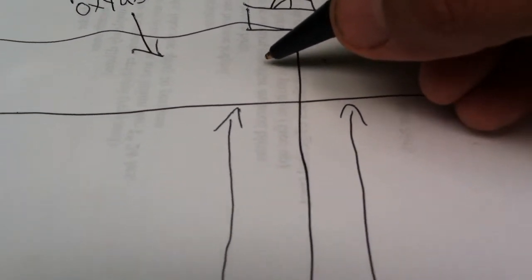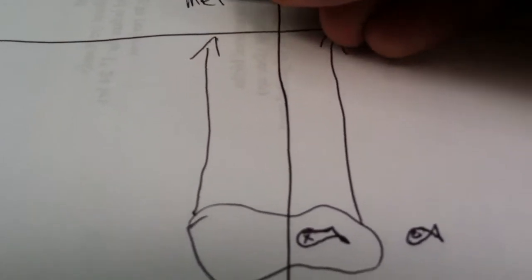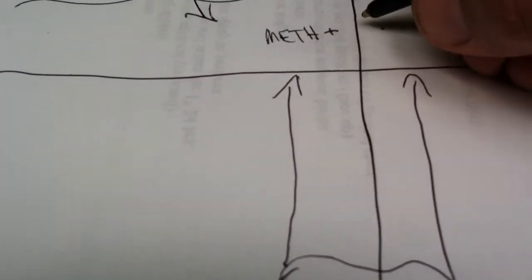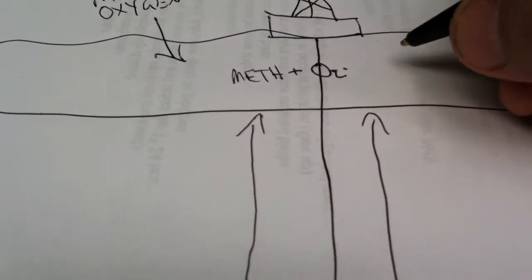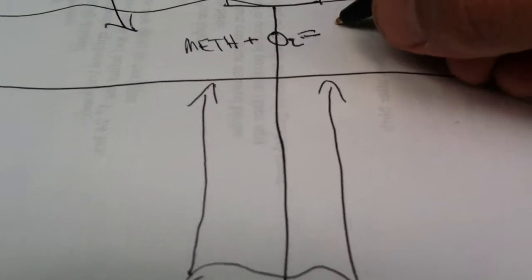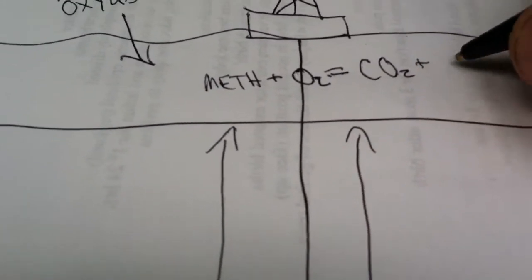But here, what will happen is that gas will interact with the water, let's say the methane, and it will interact with the oxygen, which would then give off CO2 and water vapor.